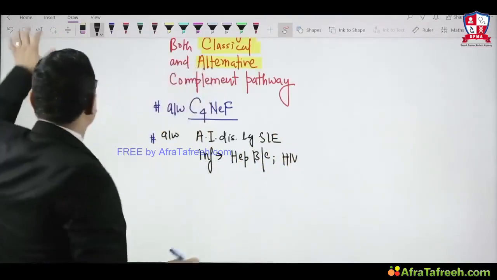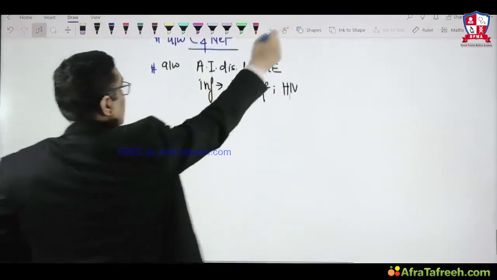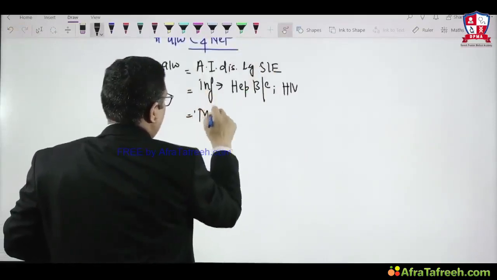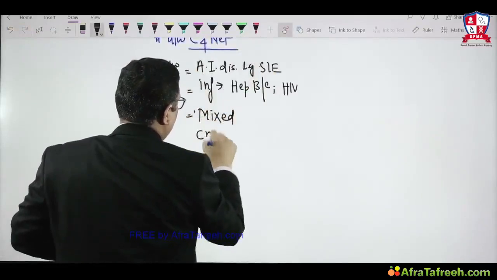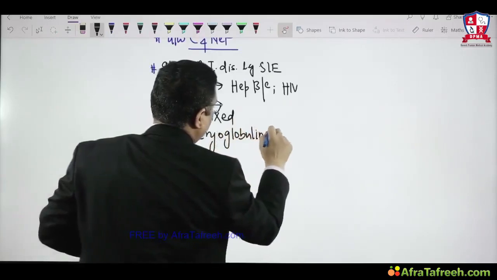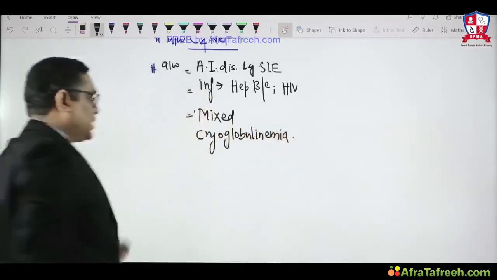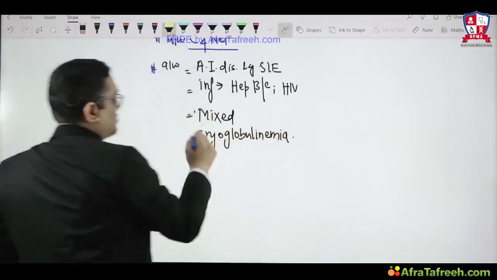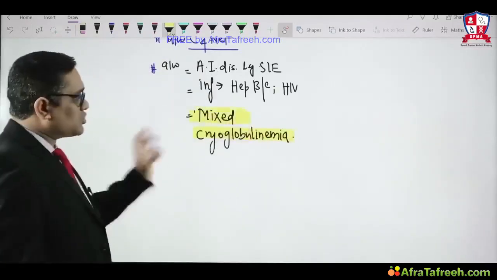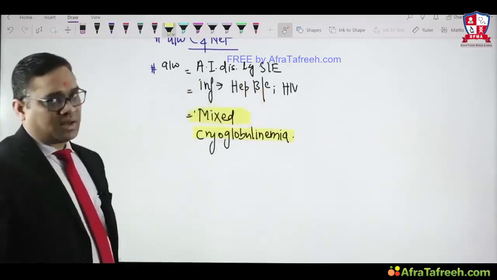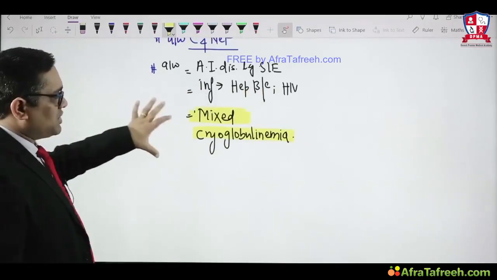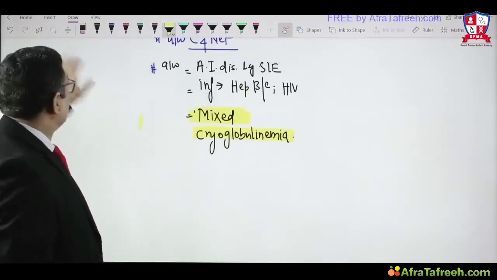They are also associated with mixed cryoglobulinemia. These are some of the important MCQs: mixed cryoglobulinemia is associated with MPGN type 1, and most commonly with hepatitis C infection. So these are the important things to understand about type 1 MPGN.